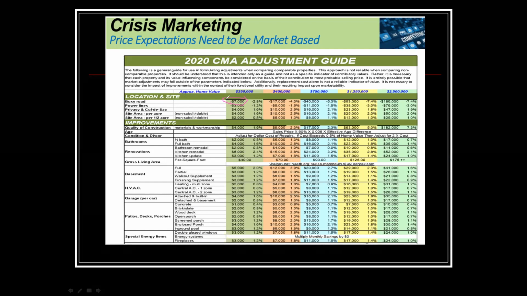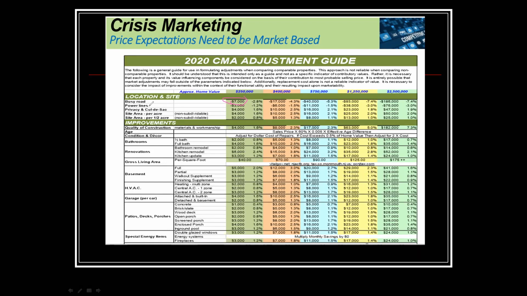So in the appraisal you would add $7,000 because you're increasing for inferior. Another example of external obsolescence is power lines. On a $250,000 house, to your comparables, you would add $3,000. Now, if you're just looking at a house on its own and you're not doing an appraisal and it has power lines nearby, you would subtract $3,000. If you're just looking at a house on its own and it's on a busy road, you would subtract $7,000.